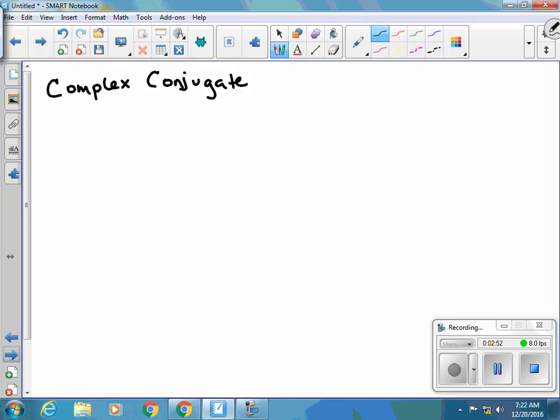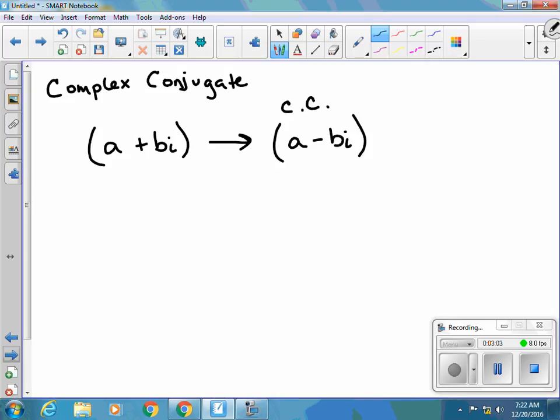So a complex conjugate, if I have a plus bi, is a minus bi. And the reason why you want this is because if we have a fraction of some sort, our imaginary number can't be in the denominator. So what that means is that we're going to simplify this by multiplying everything by the complex conjugate.